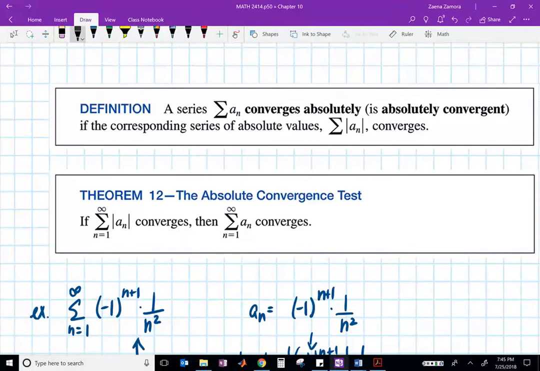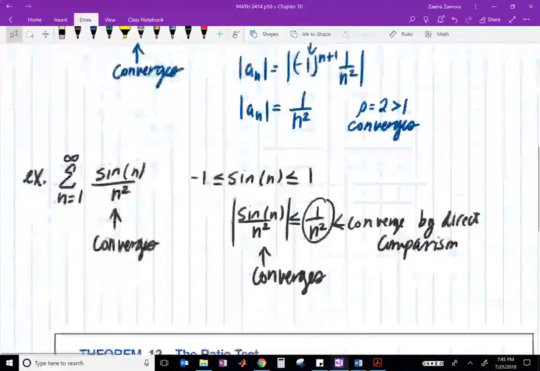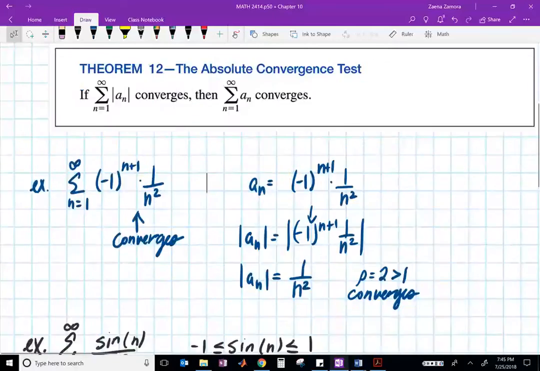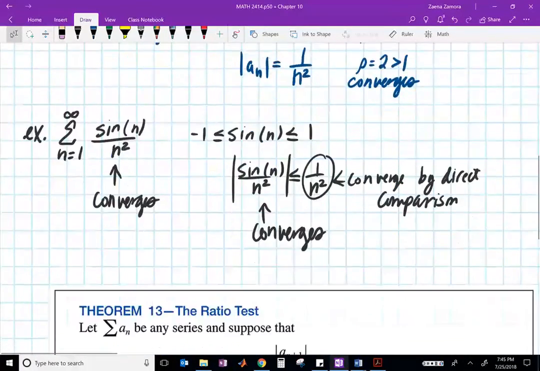A series a sub n converges absolutely if the corresponding series of absolute values converges. So is there anything that will diverge? Not in this example, no, because it doesn't say anything about divergence. So you can assume we're not going to talk about divergence there.